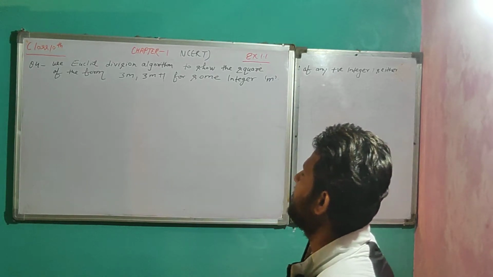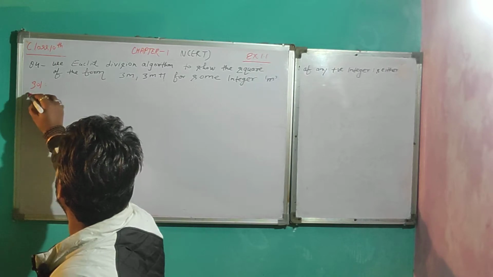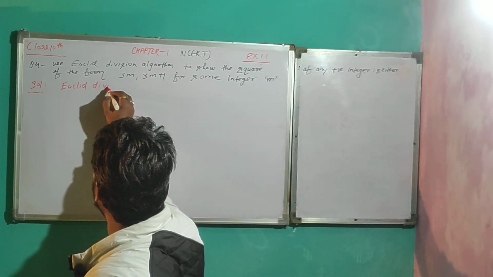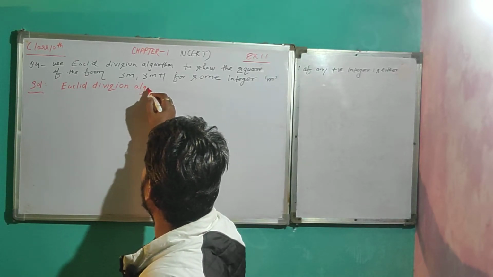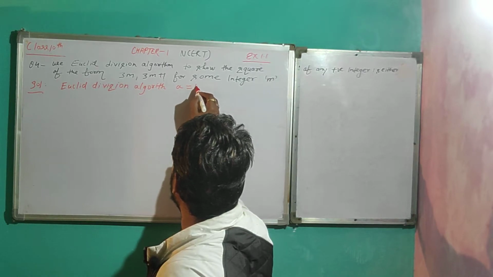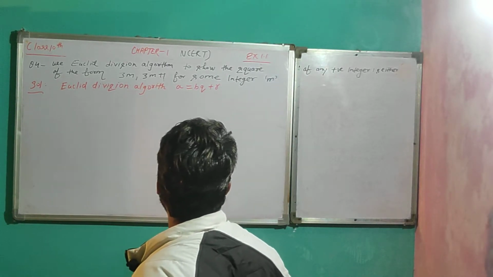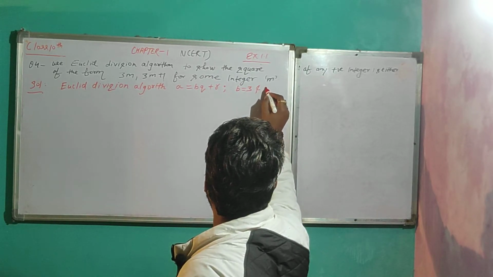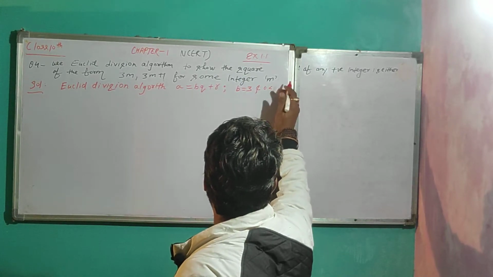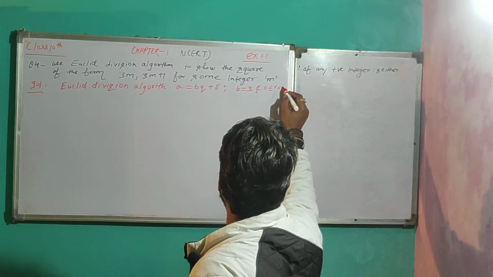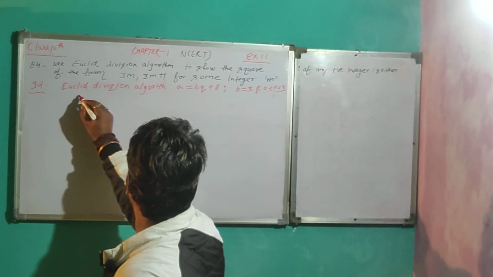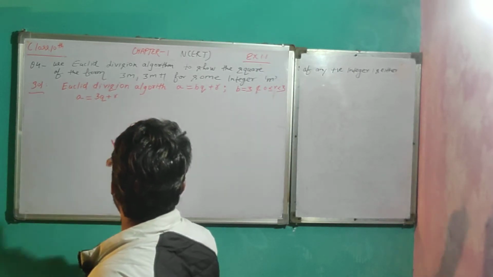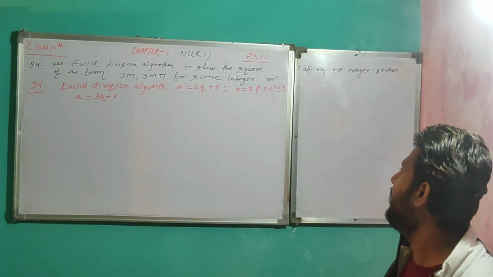Let us use the Euclid division algorithm. a is equal to bq plus r, where b is equal to 3 and the value of r is greater than or equal to 0 and less than 3. So we get a is equal to 3q plus r.